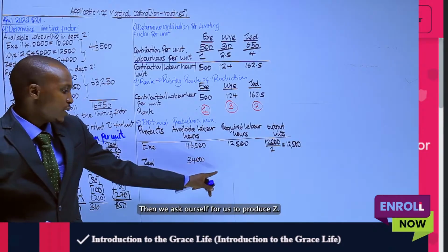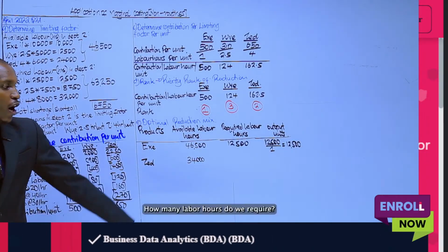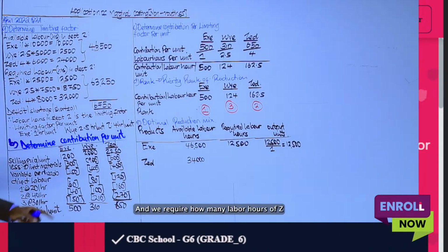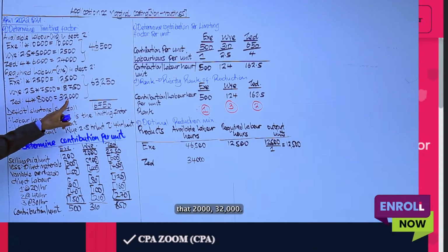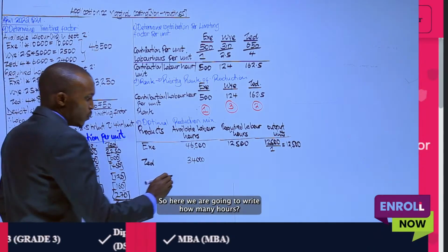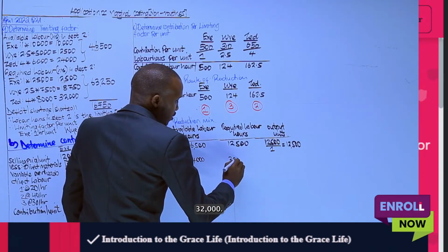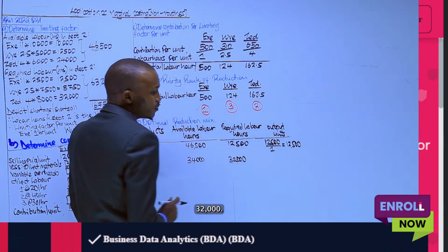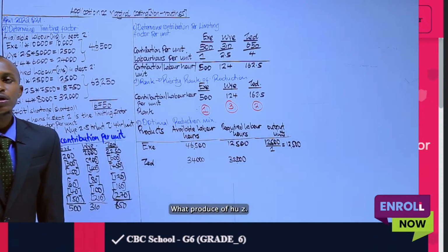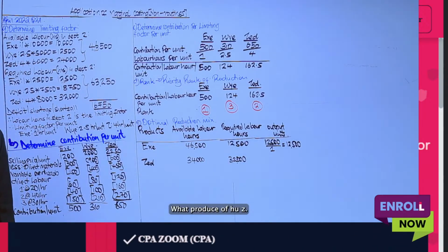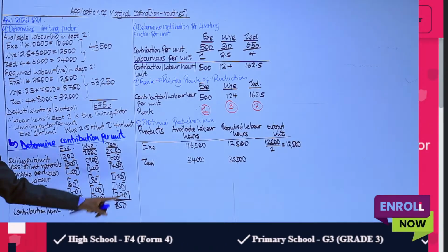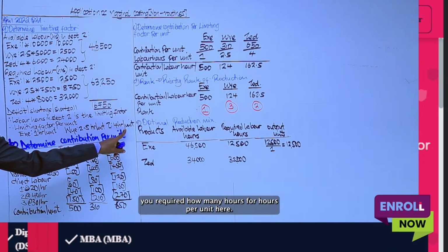Then we ask ourselves, for us to produce Z, how many labor hours do we require? We require 32,000. So here we are going to write 32,000 hours. Then let's identify the units we want to produce of Z. For a single unit of Z, you require 4 hours per unit.